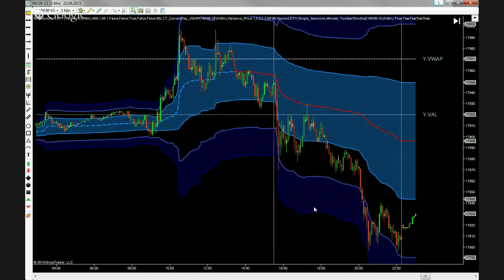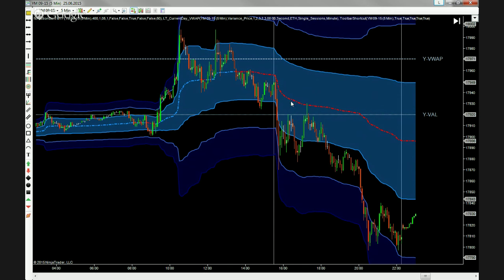So if we have a trending market, institutional investors will use this as a benchmark for entering trades. And basically, they are under a mandate to enter the market as close as possible to the VWAP band.